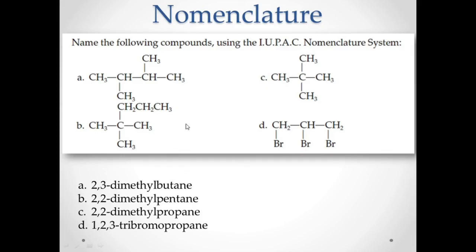Or there is one continuous carbon chain that is the longest, and you mistakenly numbered your parent chain. So realize for yourself that these are the answers for this problem.